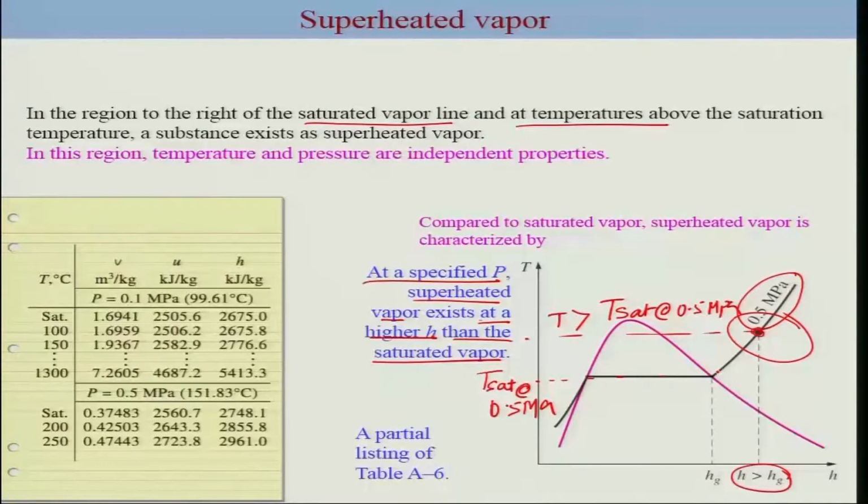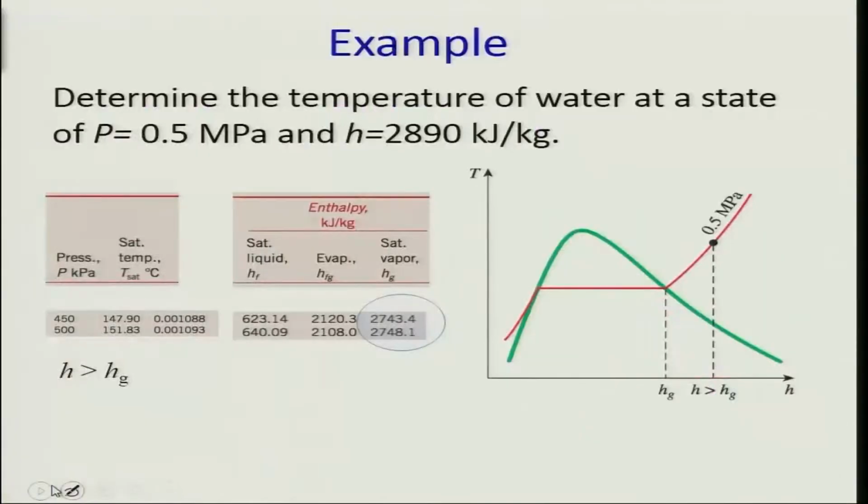To help solve problems, a separate table is given for superheated water, and the table lists specific volume, specific internal energy, and specific enthalpy, okay, for different pressures, and this is a partial list. So you can do an example.